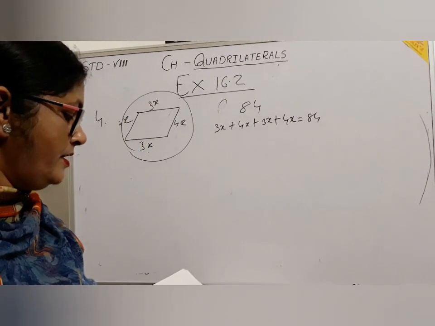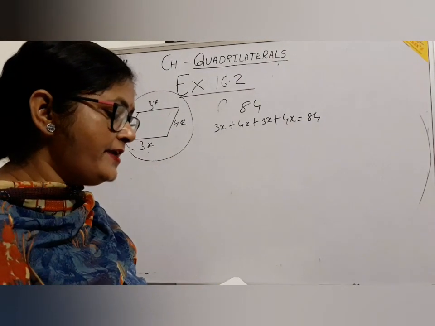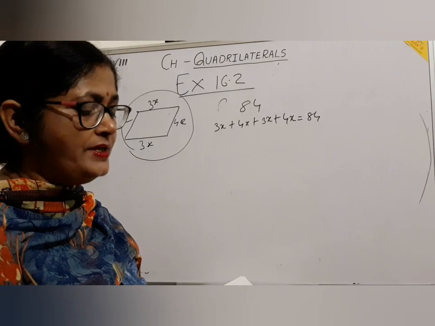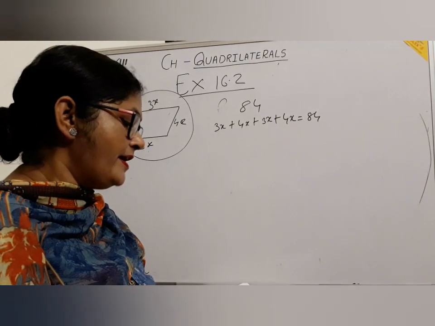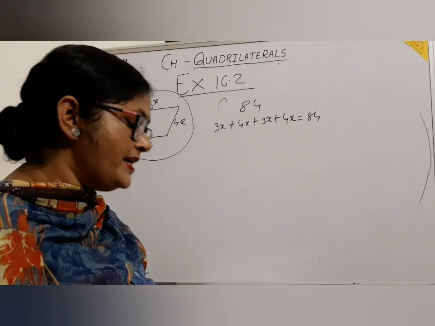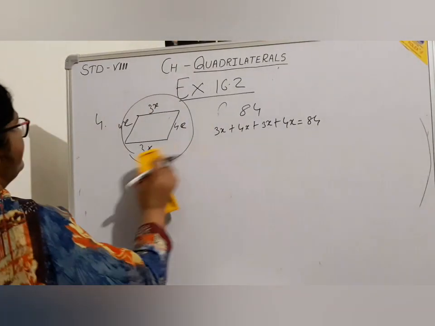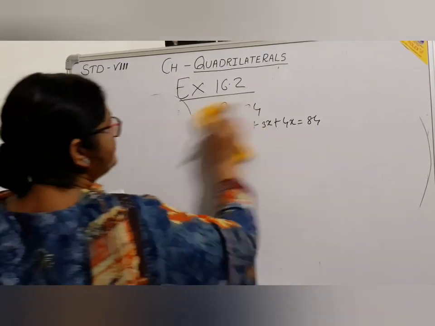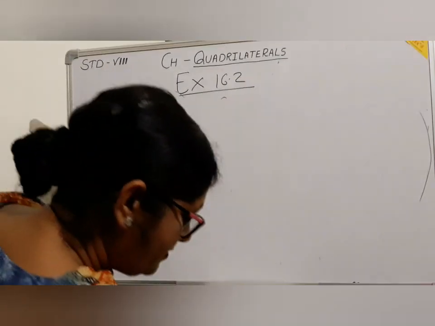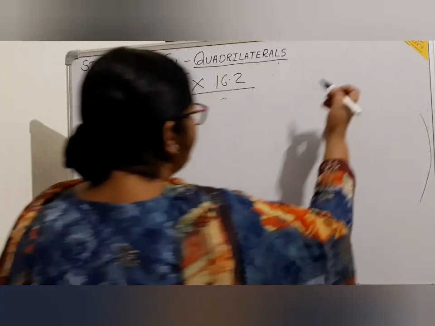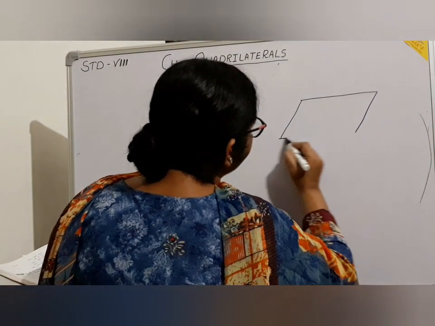Now question number 8. In the adjoining figure, the diagonals AC and BD of parallelogram ABCD intersect at O. Angle A is given, angle BOC is given, ACD is given and CAD is given, and you should find 3 angles. Yes, students, it is a parallelogram.